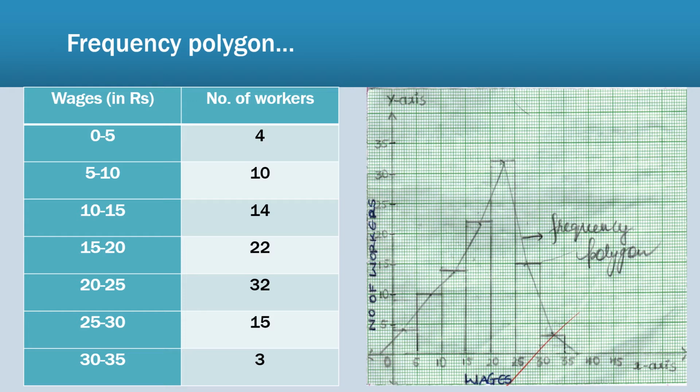That is another way you can draw the frequency polygon and thereby join the points, even if you do it without drawing the histogram. And you end it at the midpoint of the class interval before the first class interval, and you end it at the midpoint of the class interval after the last class interval, because we define the frequency polygon to be a plane figure, right?